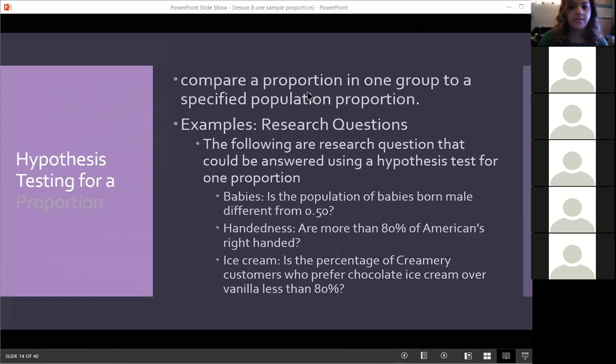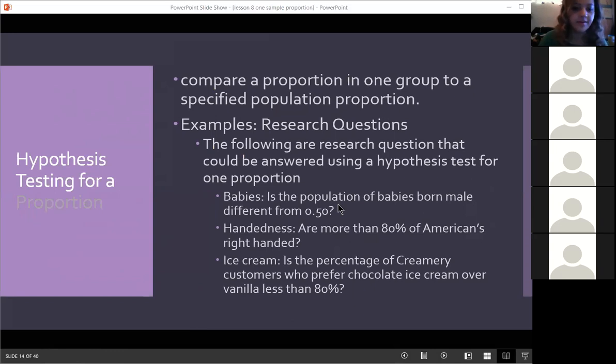So once again, compare the proportion in one group to a specified population proportion. And technically it should be our sample proportion up here. These are just examples of research questions that we can answer using a hypothesis test for one proportion. So for babies, I don't know why it says born male.